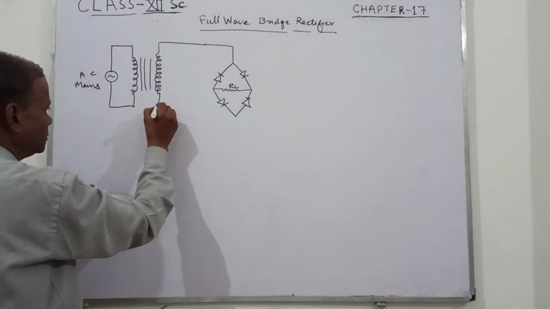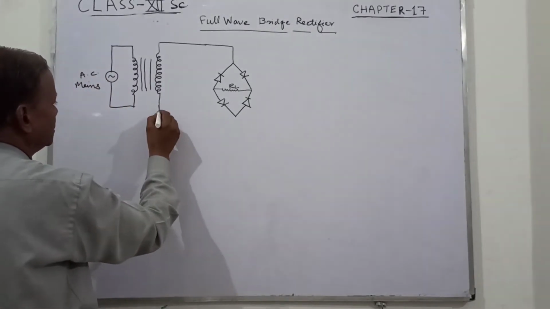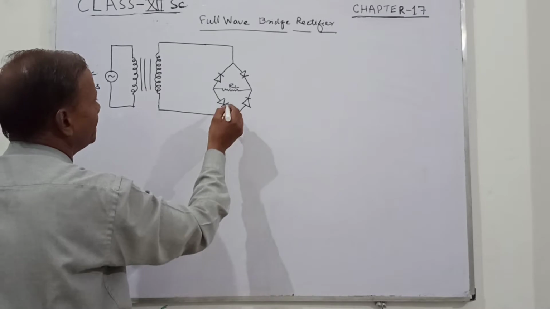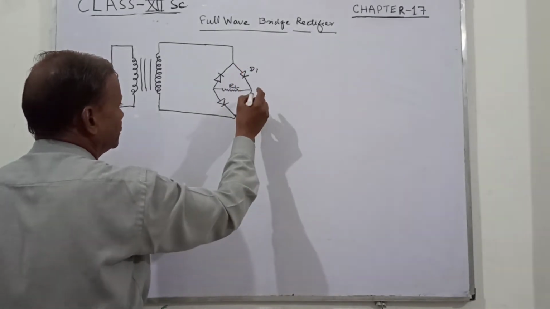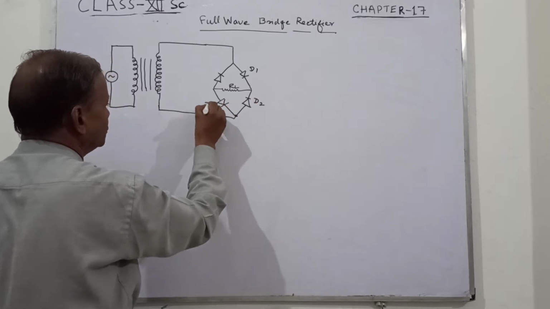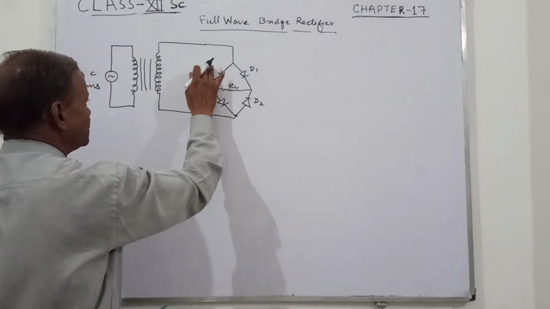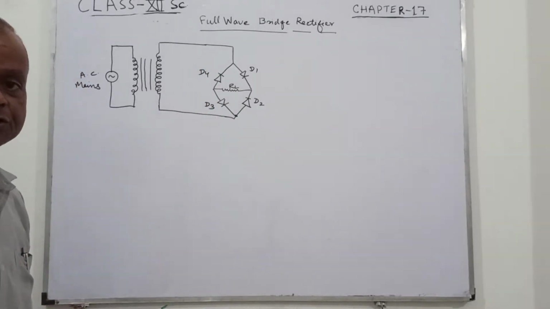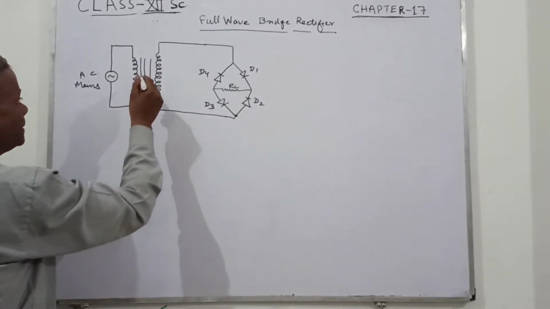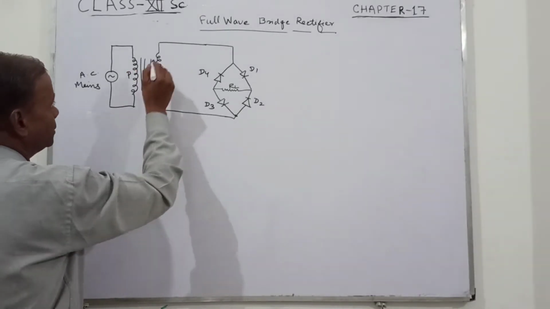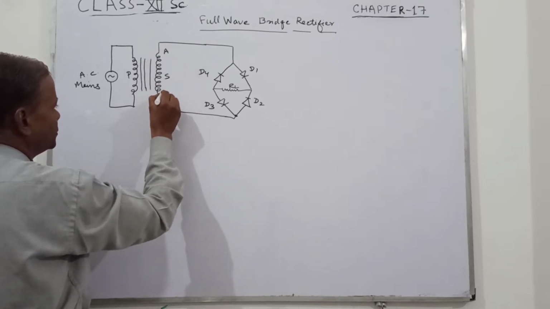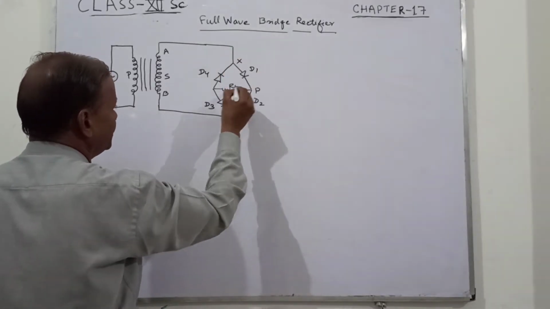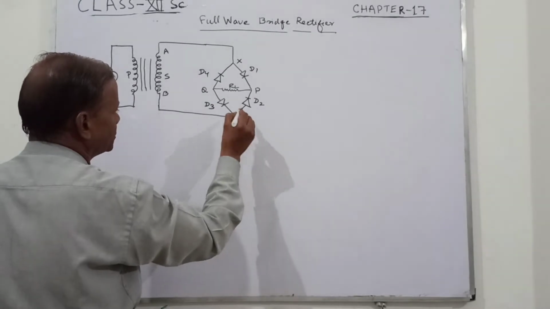This is diode D1, this is your D2, this is D3, this is D4. So this bridge is just like the Wheatstone bridge. This is the primary coil, this is the secondary coil, this is A, this is your B, this is X, P, Q, and this is now Y.